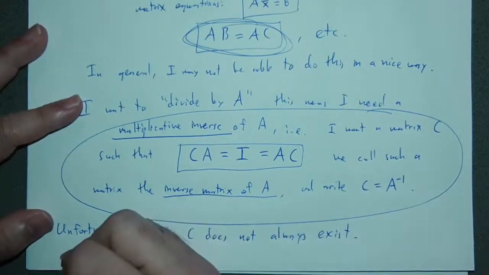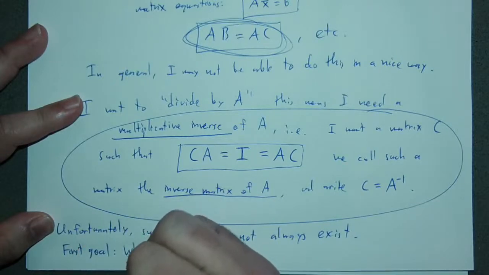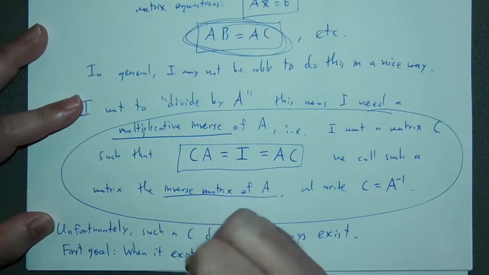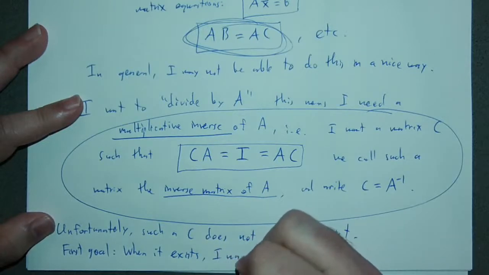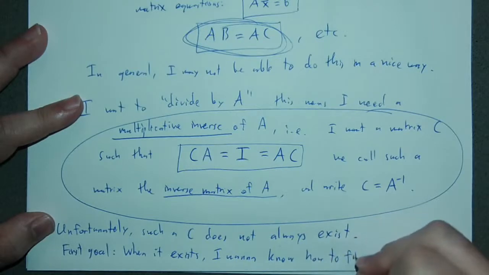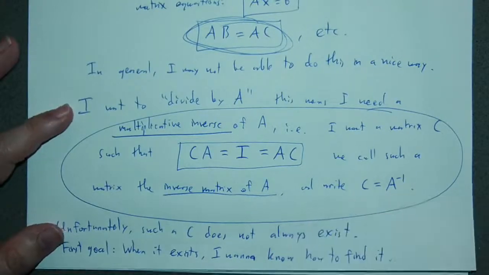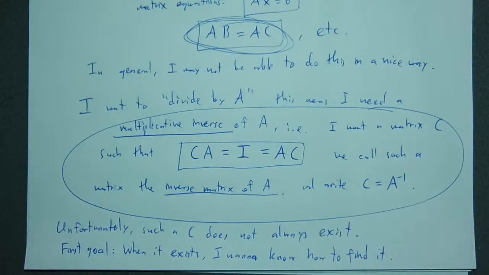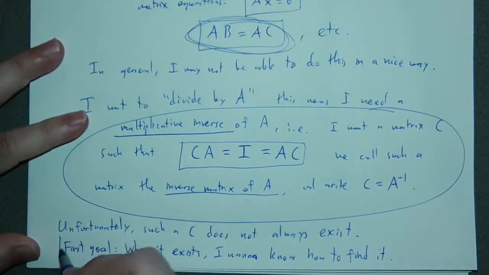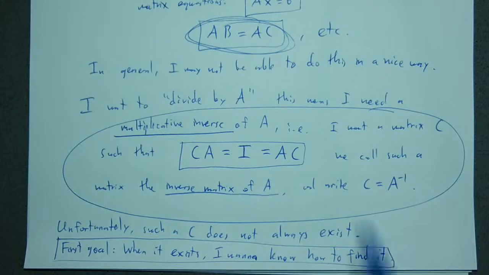So, first goal, when it exists, I want to know how to find it. Okay, so when it exists, I want to know how to find it. Okay, this is my first goal. Now, I've already said it doesn't always exist. In fact, you might have noted something here. What am I going to require from my matrix in order for both of these products to be defined?